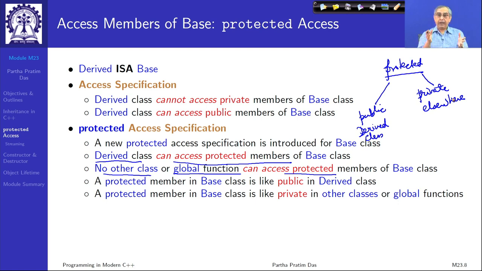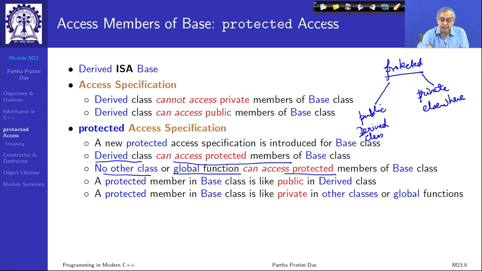On an ensemble of classes which are related by is-a relationship, by generalization, specialization, we can have three types of control to decide what is exclusively for use within the class, which will go to private. What is the final interface for others, which will go into public, and what is specific at different stages of this hierarchy of is-a relationship, which will go into protected.